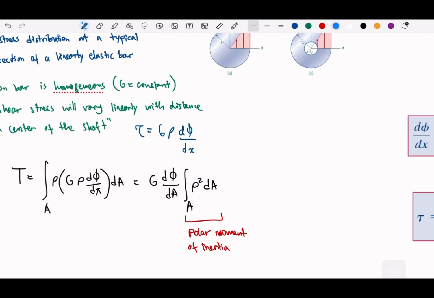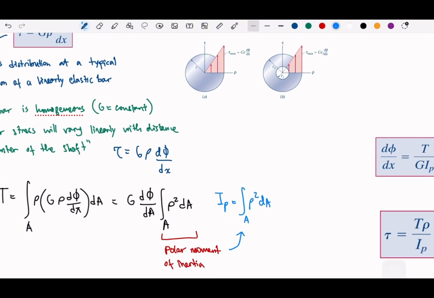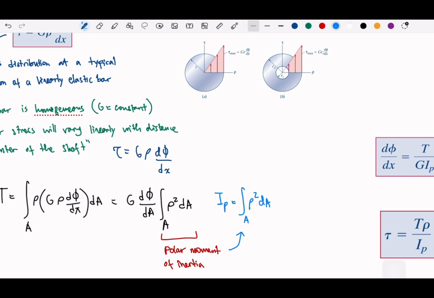And there are only two possibilities, whether it is a solid circular bar or a hollow bar.